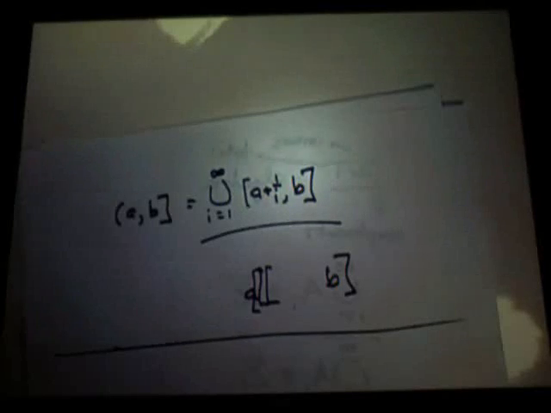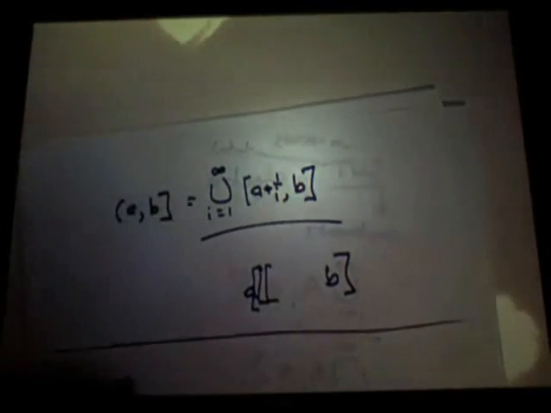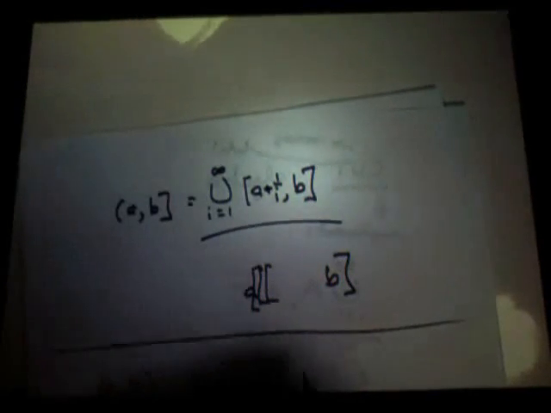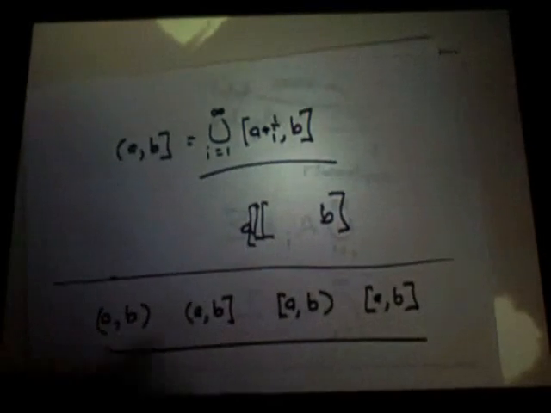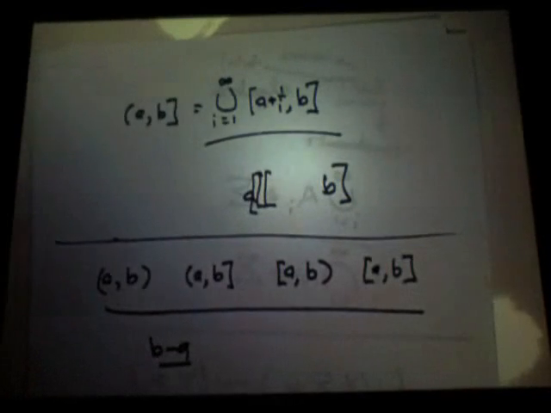Open, closed, and half-open intervals are in the sigma algebra, which means they have lengths. In fact, they all have length B minus A. Right? Okay.